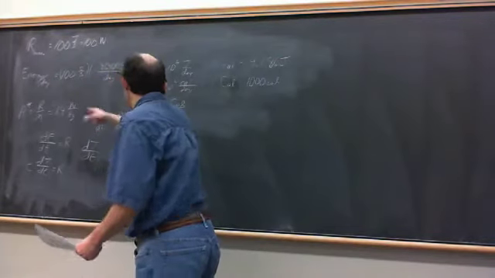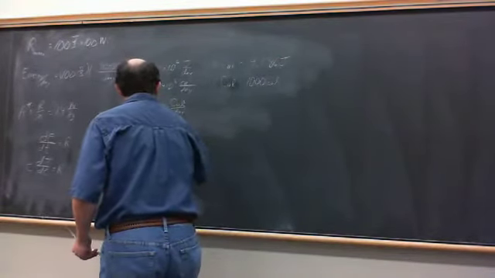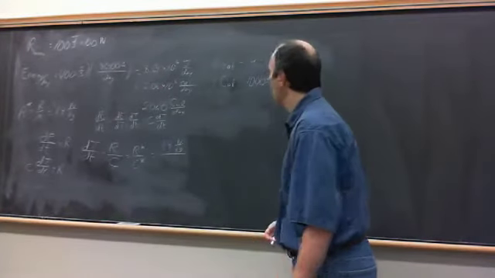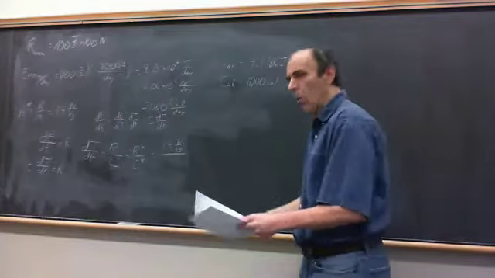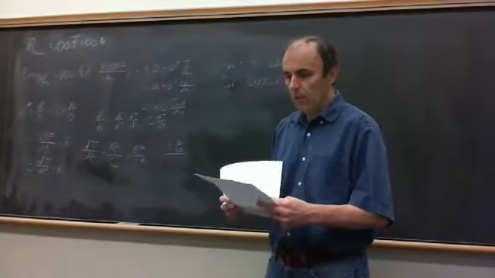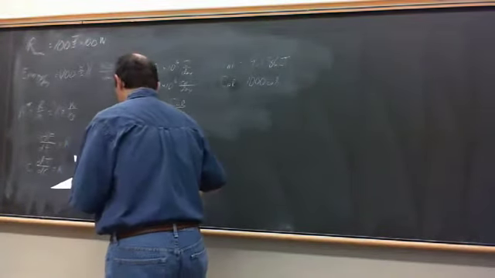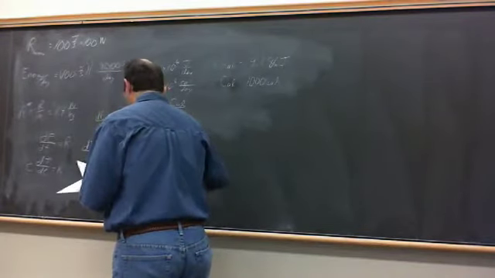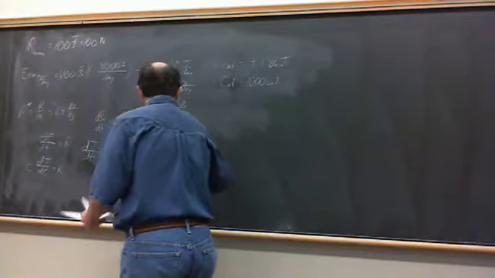R star, we said, is 1.4 watts per kilogram. And C star, which was on the previous page, for water, because we're going to treat our body as just being water, is going to be 4,218 joules per kilogram Kelvin.